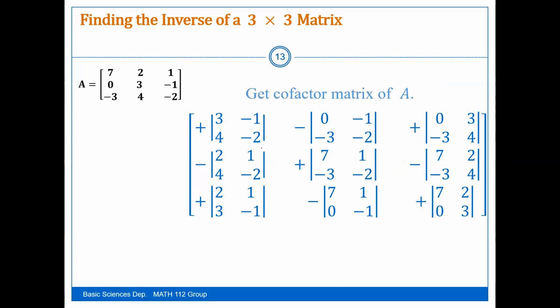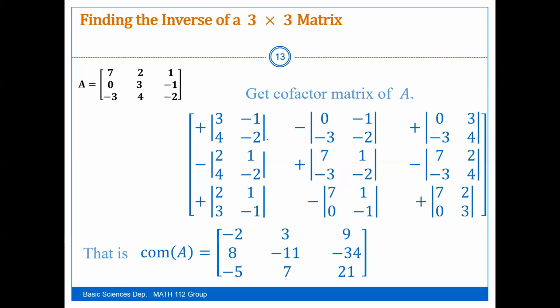So you get the matrix of cofactors, the comatrix. You have 9 determinants to calculate. You obtain the comatrix. Once you obtain the comatrix, this is the difficulty.